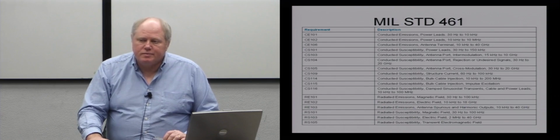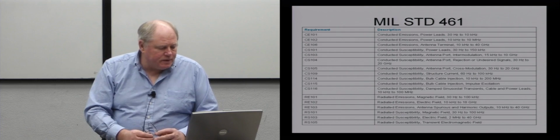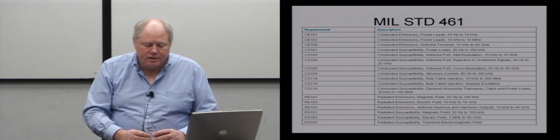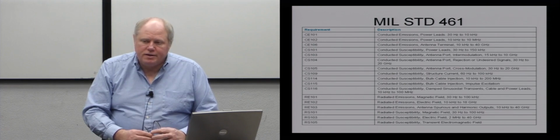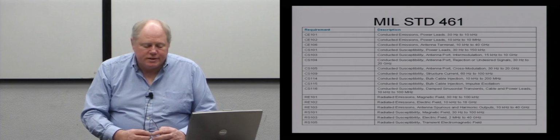So it ends up being a fairly big thing to do. And there's conducted emissions, conducted susceptibility, radiated emissions, and radiated susceptibility. So like the radiated susceptibility, you're basically putting your device next to an antenna that's broadcasting at different frequencies and making sure that it works.